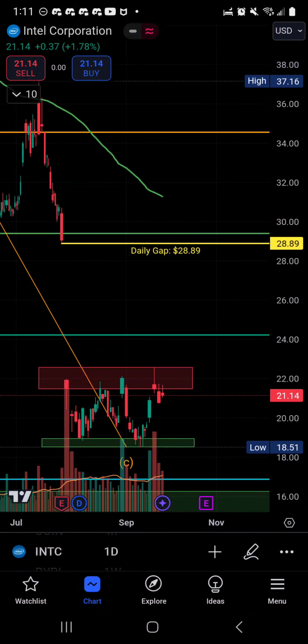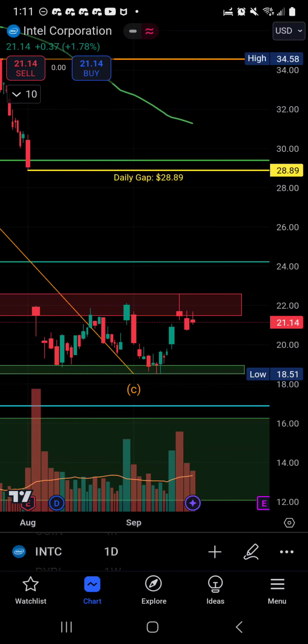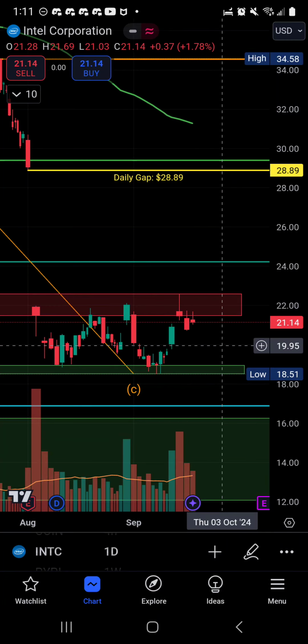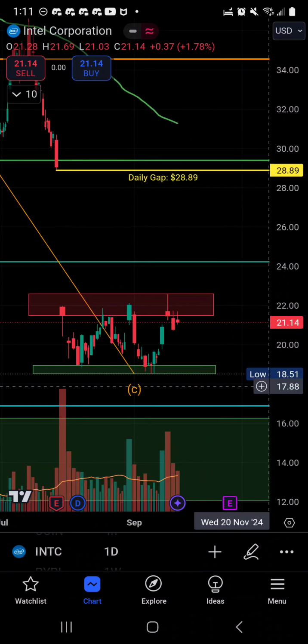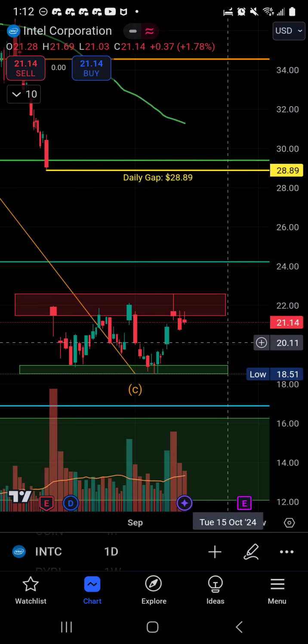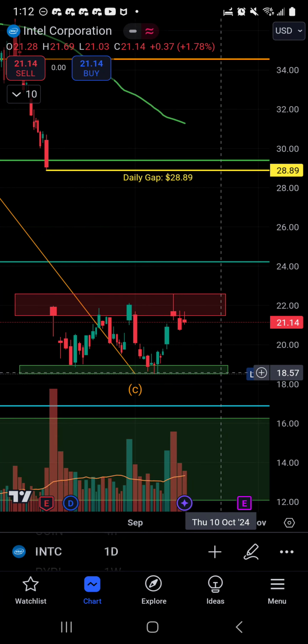I'm going to do this on my phone really fast. Okay, here's the daily. If you're looking at this candle, it looks like it wants to come down a little bit more because it's trading in this range or this base. So if I'm accumulating, I want to accumulate more towards the bottom where the base is.